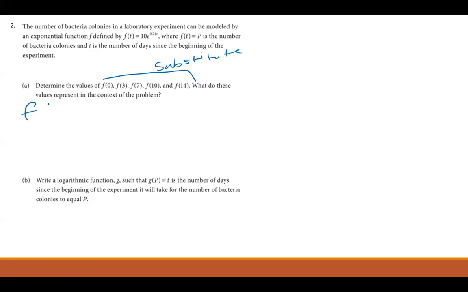So when I'm looking for f of 0, I'm going to plug in 0 for t. When I'm looking for f of 3, I'm plugging in 3 for t. So I'm plugging all of these in: f of 3, f of 7, f of 10, and f of 14, okay?